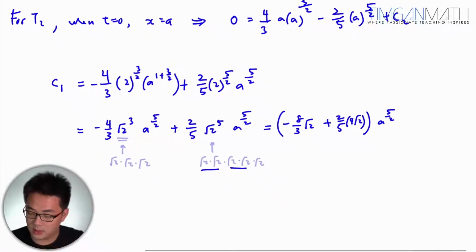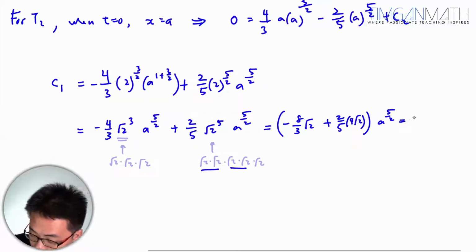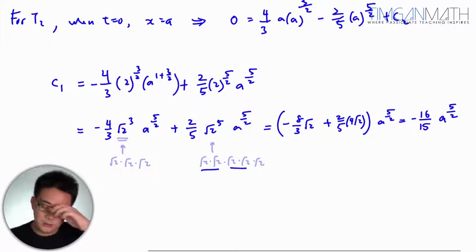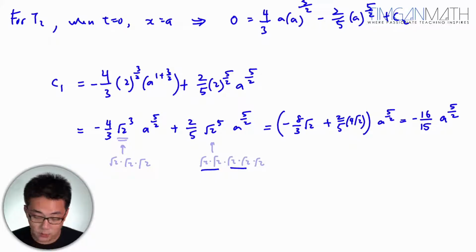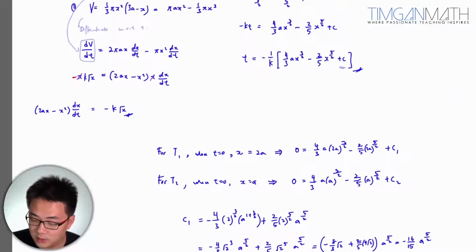Here we get minus 8 over 3 plus 8 over 5 root 2, which is actually negative 16 over 15 a to the 5 over 2. Please know how to manipulate your surds here. There are a few ways which could go wrong because of the surds.